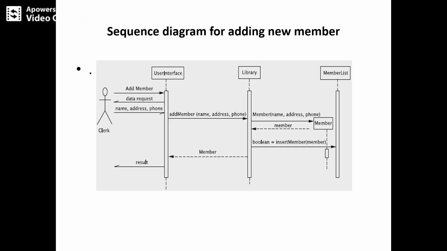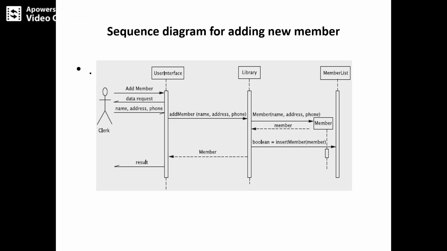The add member request goes to the user interface, the system asks for the data through the clerk, and the clerk enters the customer's name, address, phone number, or any other details, which then go to the library class. The method used here is add member.